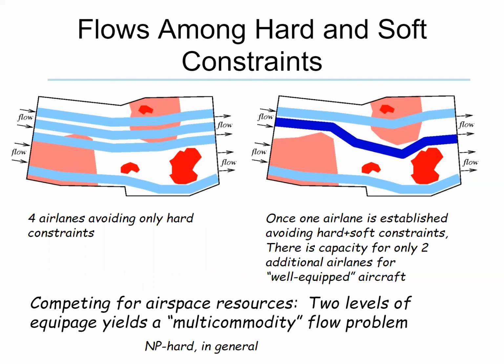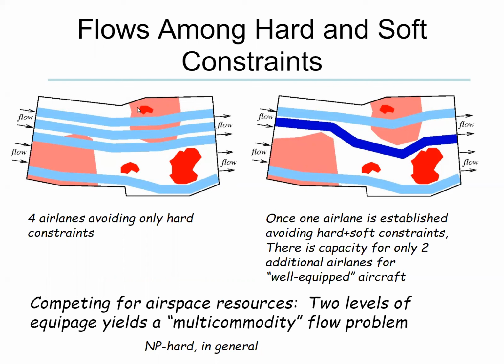On the other hand, smaller aircraft may fly through noise-sensitive areas because they produce less noise. So what is an obstacle for one type of flow is not an obstacle for another type of flow. And these pictures can give a schematic representation of what we could have.